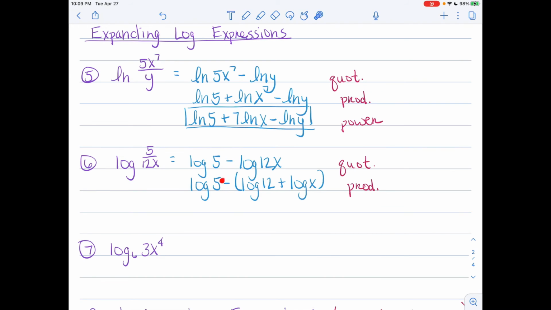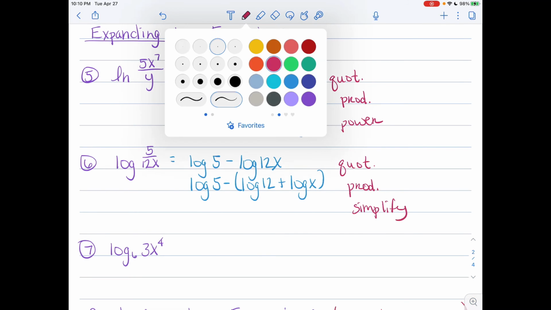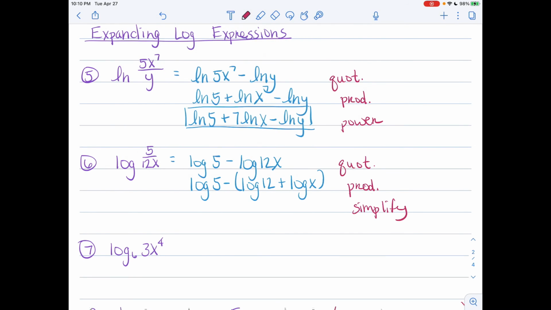So that subtraction sign needs to stay in front, and whatever we do to log of 12x, that negative sign needs to be applied. So as a last step, we want to go ahead and simplify by distributing that negative sign to everything. So we will say log of 5 minus log 12 minus log x as a final expansion.